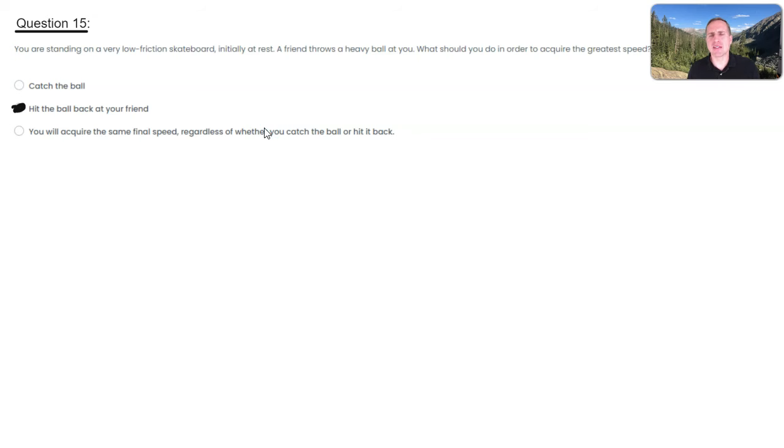Now, why is this? So there's a couple ways to think about this. First of all, if you catch the ball, that's an inelastic collision. If you hit the ball back, it's an elastic collision. Now, an elastic collision, at least in a pure sense, conserves kinetic energy, whereas in an inelastic collision, energy is lost in the collision due to heat, crumpling, sound, things like that.